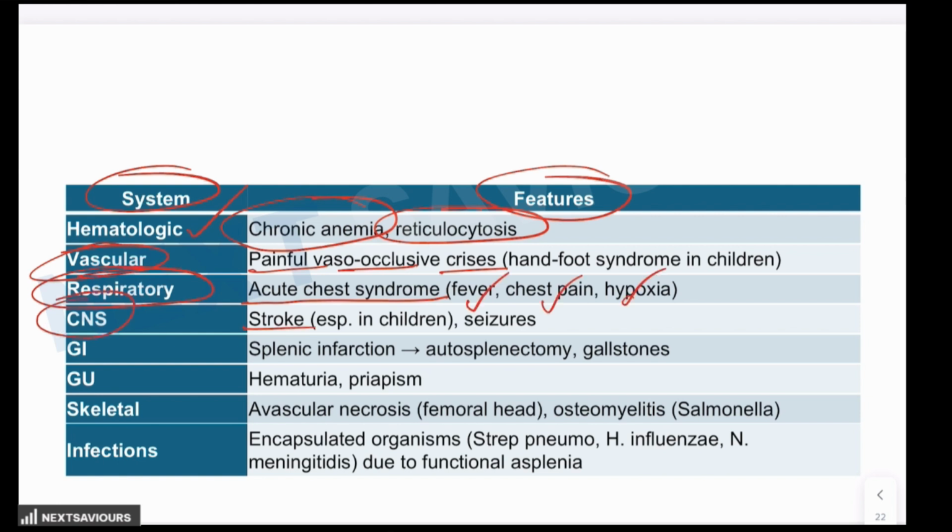In the CNS, there could be a possibility of a stroke, especially in children, or there could be a seizure related to hypoxia. In the gastrointestinal system, there will be a splenic infarction leading to autosplenectomy, and even gallstones. In the genitourinary system, there could be hematuria or priapism. Skeletal: there will be avascular necrosis of the head of the femur.